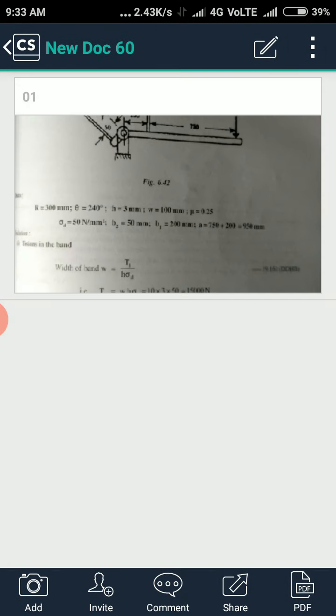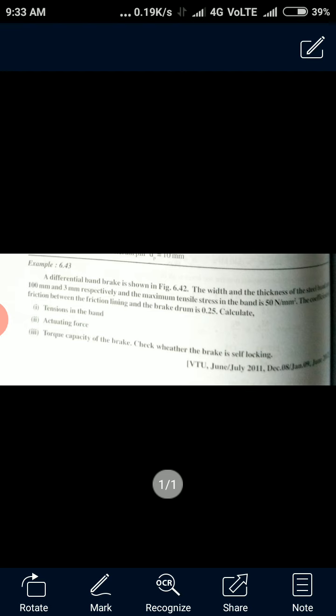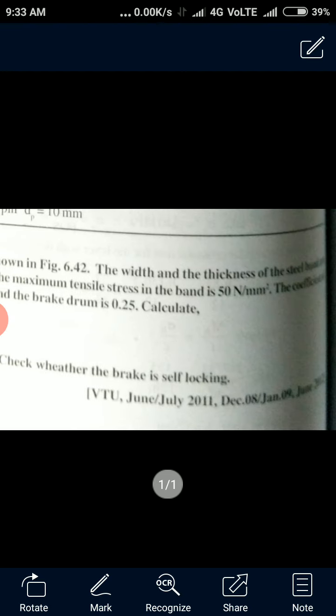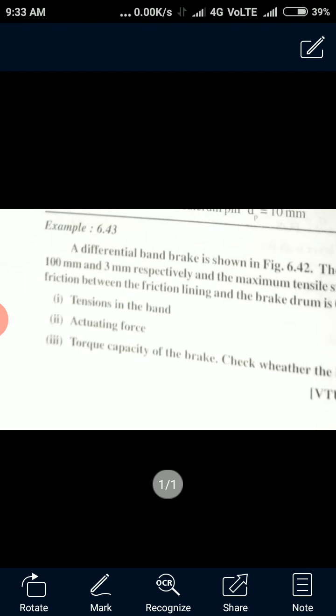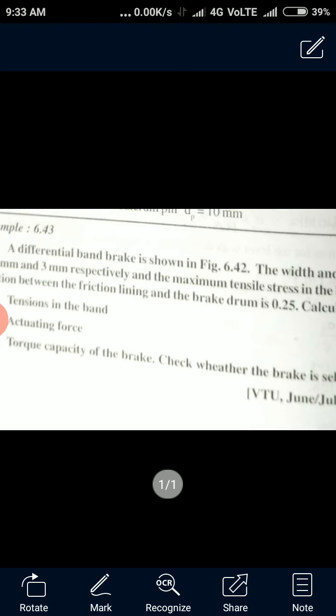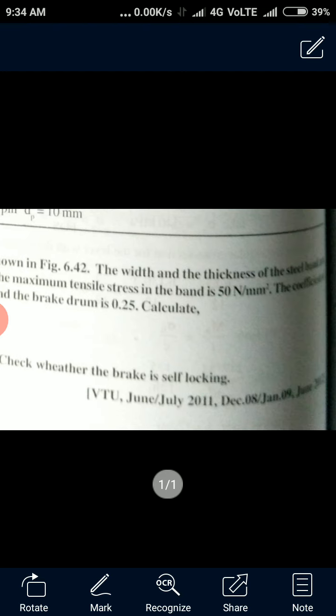So just to go one more problem here. Differential band brake as shown in figure 6.42, the width and thickness of the steel band is 100 mm and 3 mm. He has given the dimensions, width and thickness respectively, and maximum tensile stress in the band is 50 Newton per mm square.